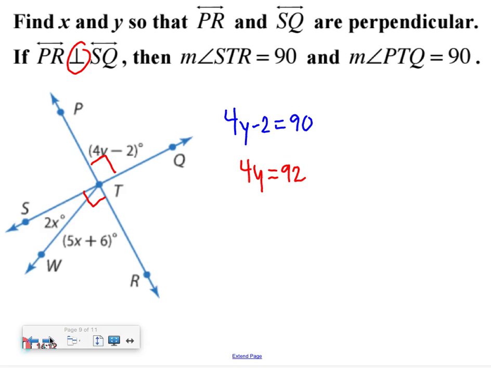What did you guys get for y? y equals 23. The x is pretty similar, but instead of just having this or this equal 90, what do I have to do to these two? Add them.